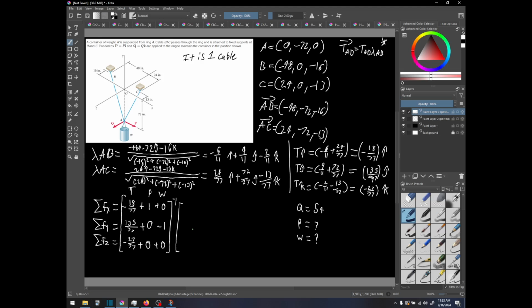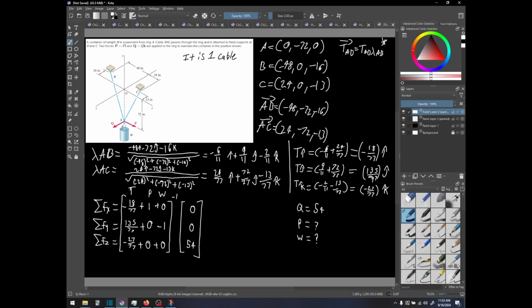the second vector q. We know the force q is in the z direction, positively going 54. We don't know the y direction.